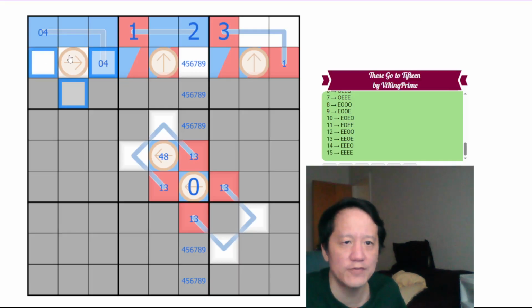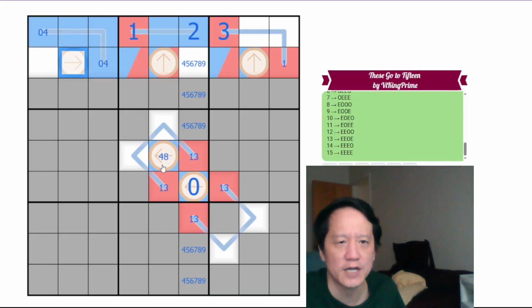So we tried having this as Schrodinger, and I think that failed. So if this is Schrodinger, this adds up to either 9, 11, 13, or 15, because this is even.